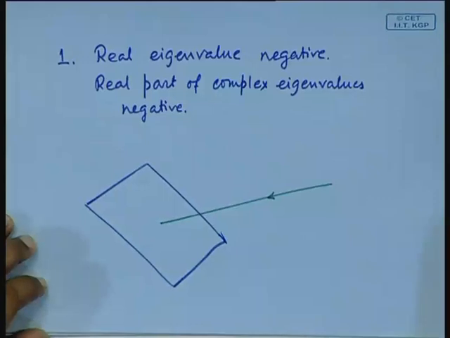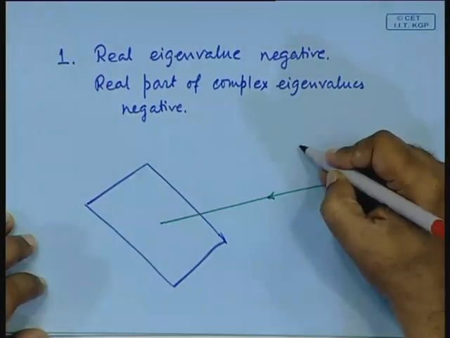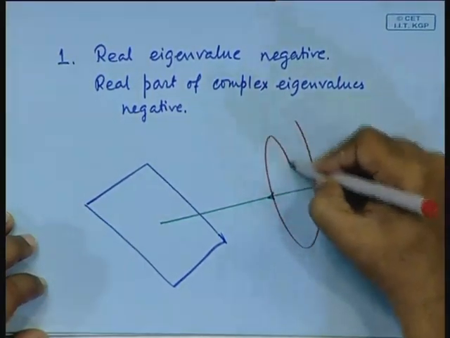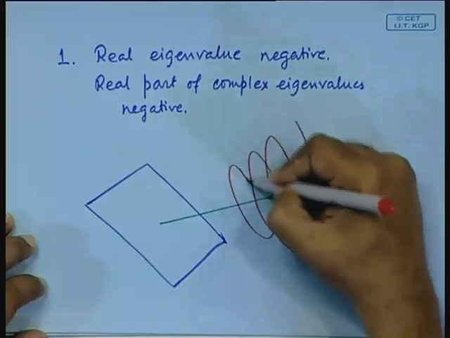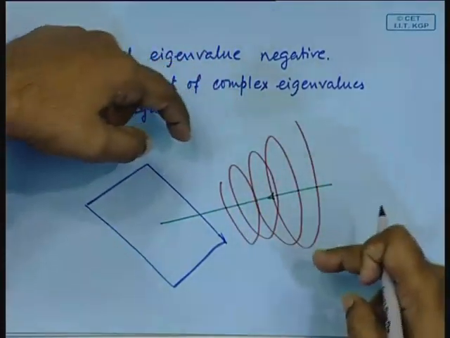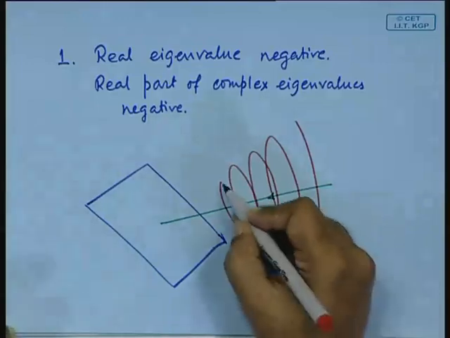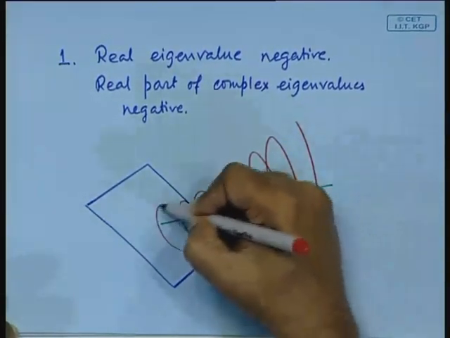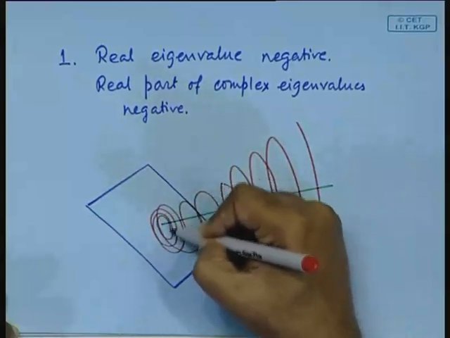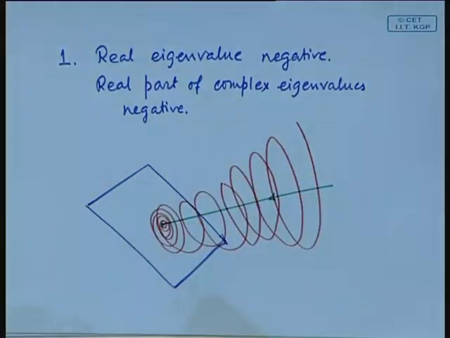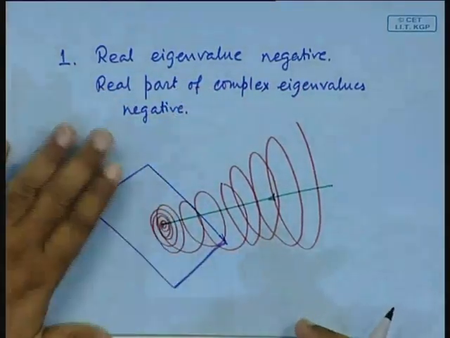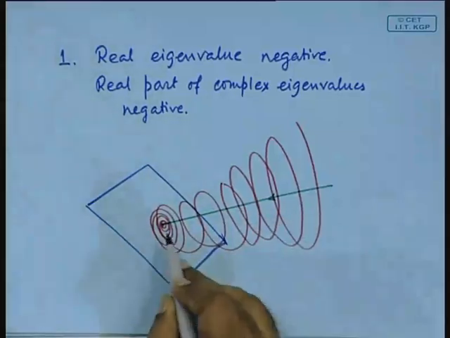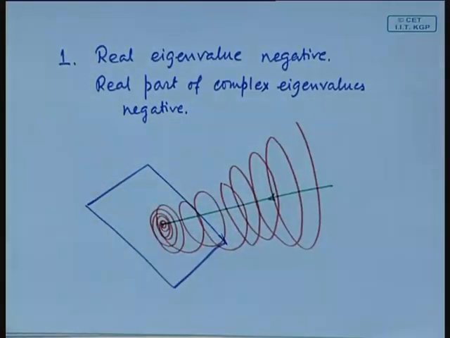Then the behavior will be, say starting from here, like a screw, but it will not be just like that. Remember, ultimately it will converge onto this plane, and then on that plane it will finally home onto the equilibrium point.